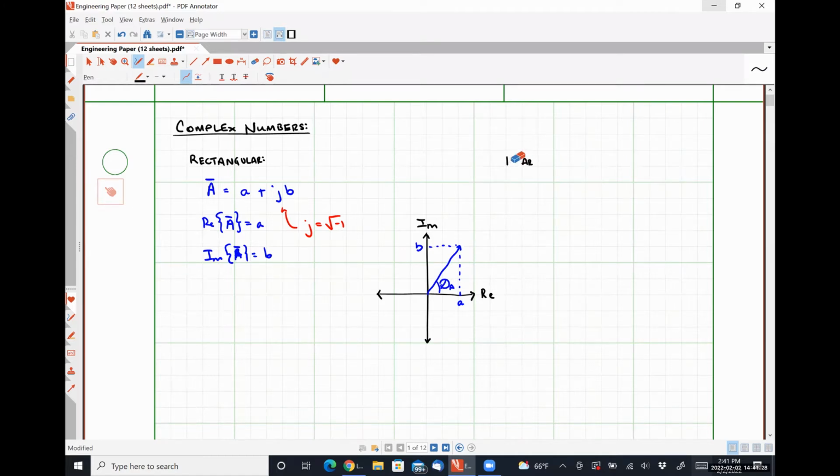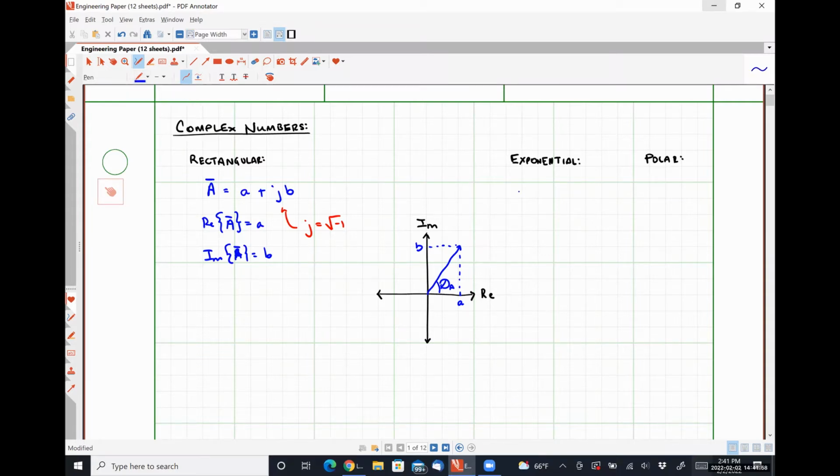Actually, let's do the exponential and the polar at the same time, but I'll put the exponential over here. So the exponential form of a complex number and the polar form of a complex number contain literally the exact same information, just expressed in slightly different ways.